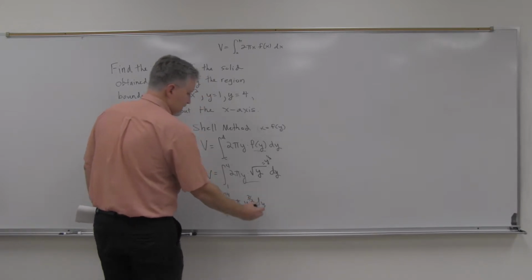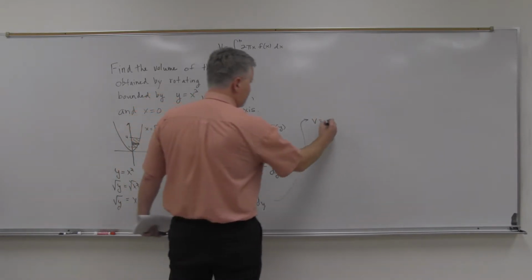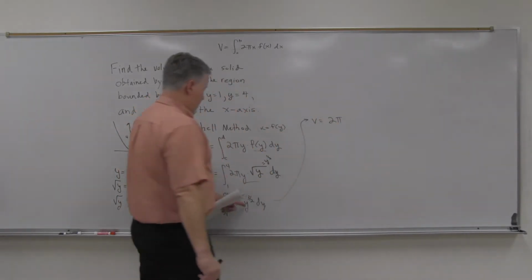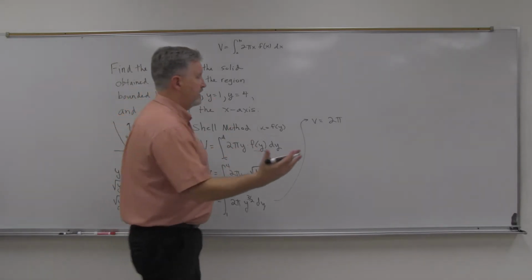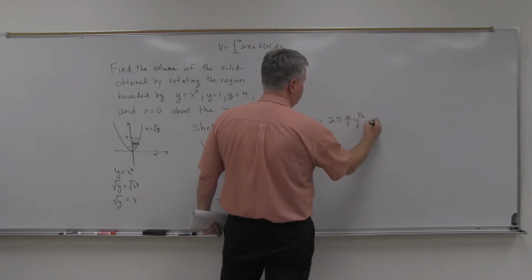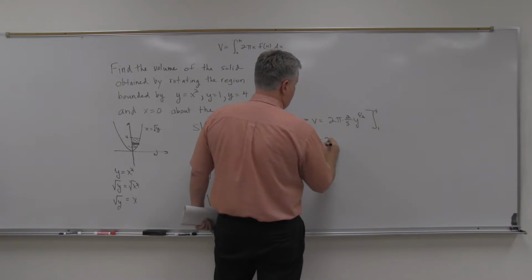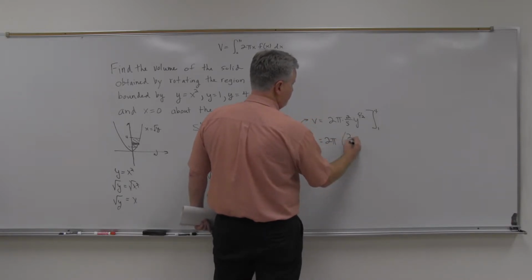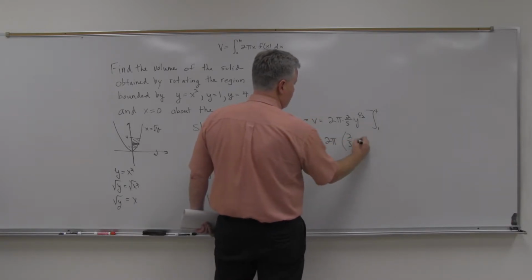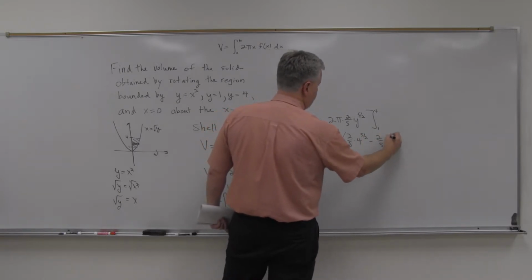Combine those, and now I can do the antiderivative. For y to the 3/2, add 1, you get 5/2, so I multiply in front by 2/5, and then that's going from 1 to 4. So I've got 2 pi times 2/5 times 4 to the 5/2, minus 2/5 times 1 to the 5/2.